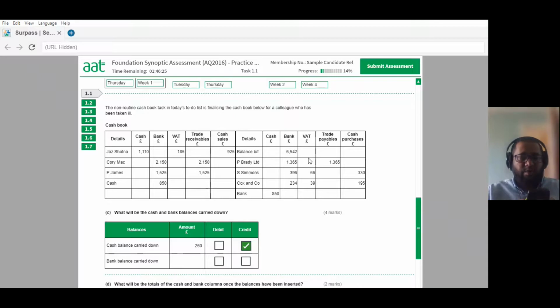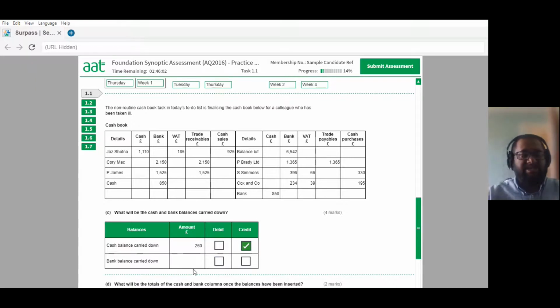So 6,542 plus 1,365 plus 396 plus 234. It is coming down to 8,537. And if you take away 2,150 minus 1,525 minus 850, that gives you 4,012 pounds.